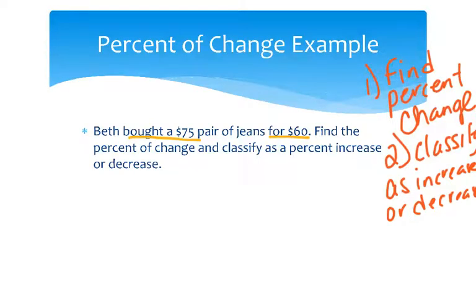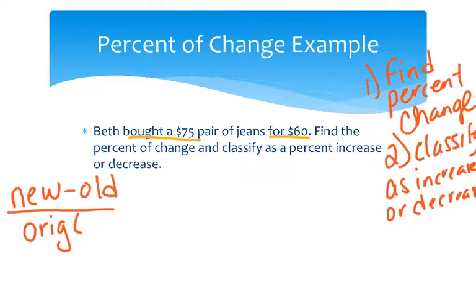So using our formula, you have percent change is new minus old over the original, which you guys can also think of as the old price. And we're going to solve that now. So the new price, that's also the price that you're paying.